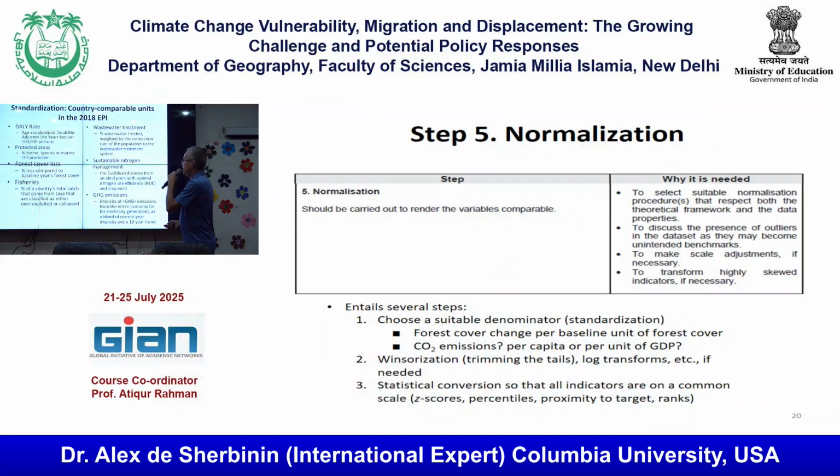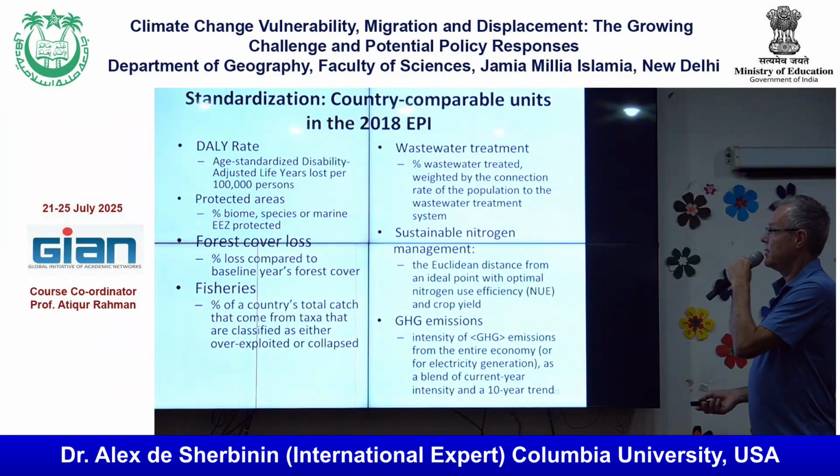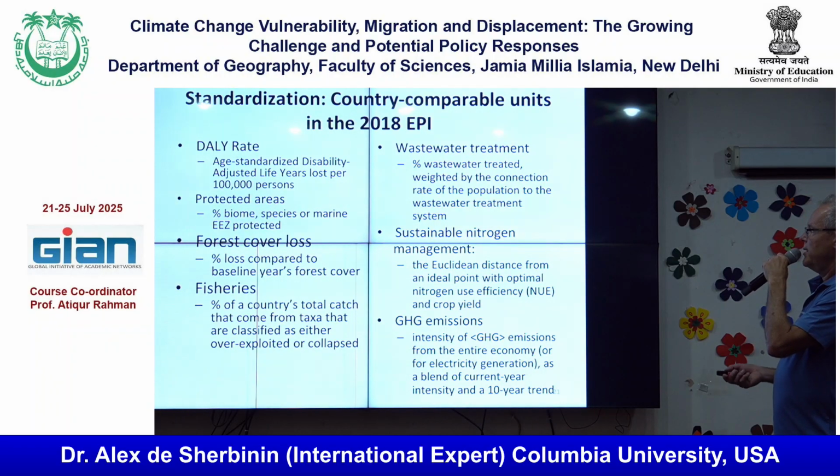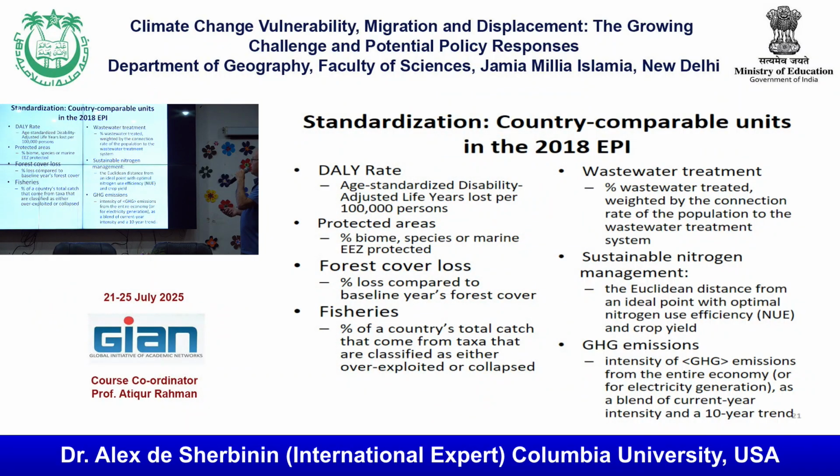So let's talk about standardization first. Here are some different ways that we've standardized in the EPI. For wastewater treatment, we look at the percent of wastewater treated weighted by the connection rate of the population to the wastewater treatment system. So it's great if 50% of your wastewater is treated, but if only 2% of your households are actually connected to any kind of sewage system, that would reduce that overall wastewater treatment metric quite substantially.